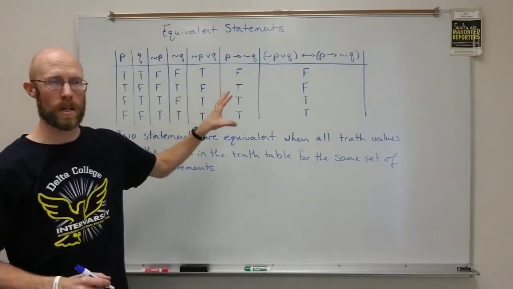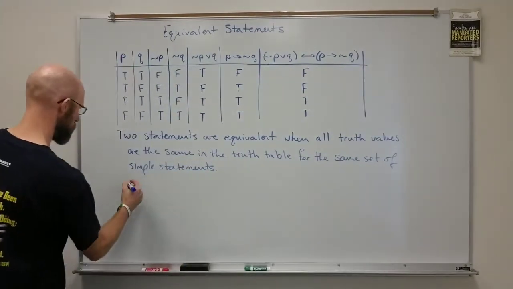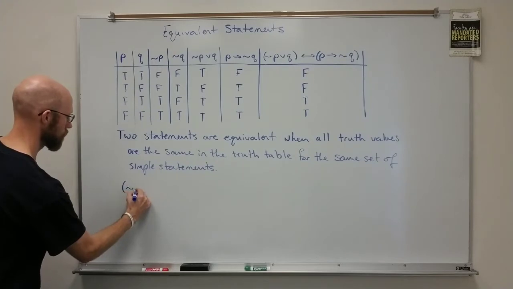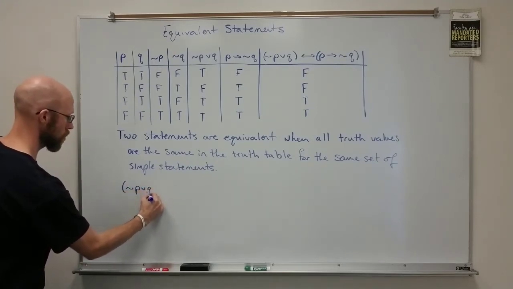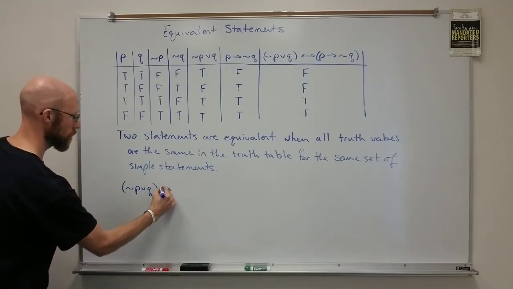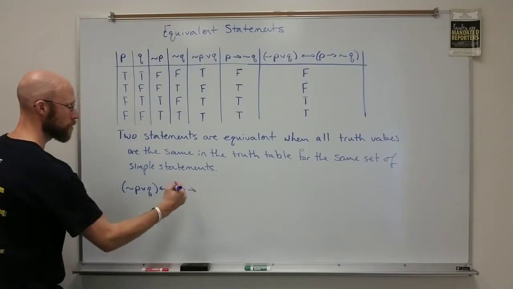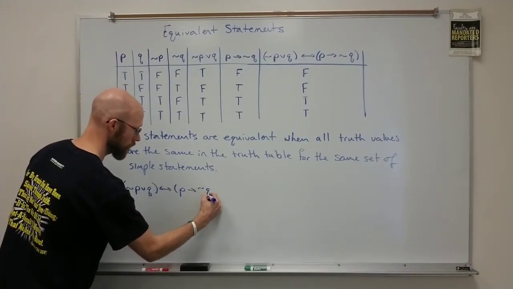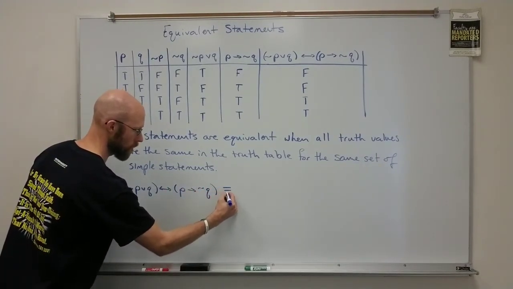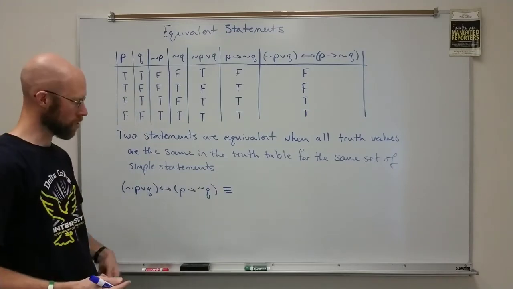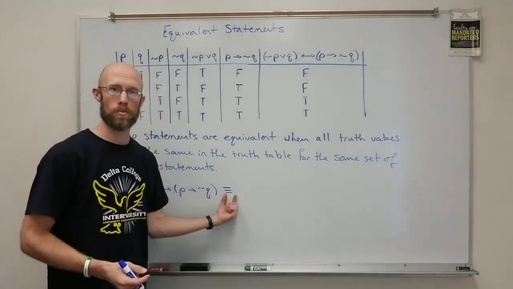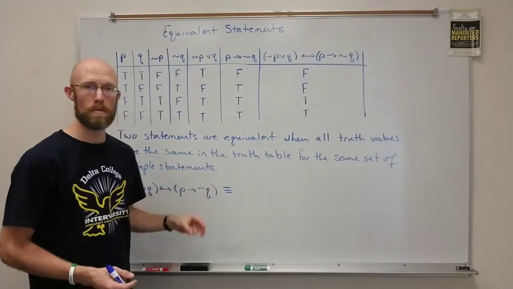Now in this particular case, I could say that not P or Q, if and only if, if P then not Q, is equivalent, and with equivalent logical statements we use a 3-bar equal sign.